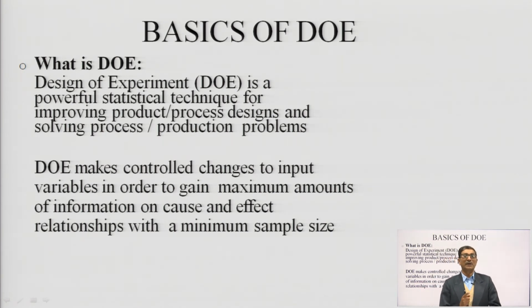So, this is the main basic aim of DOE: to make controlled changes to input variables in order to gain the maximum amount of information, that means maximum output, on cause and effect relationships with a minimum sample size.